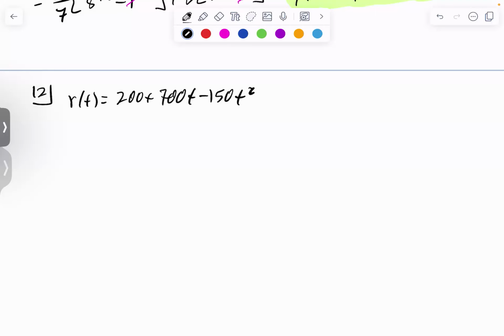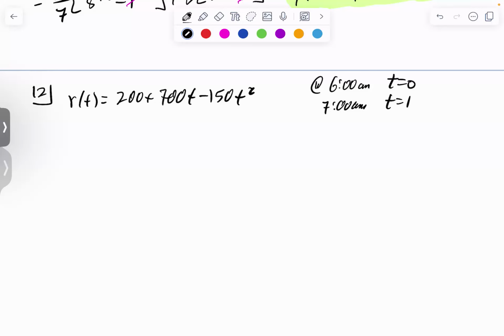How many cars pass through the intersection between 6 and 7 a.m.? Okay, that means my boundaries are going to go from 0, because at 6 o'clock, that's t equals 0. So at 7 o'clock, that's t equals 1, meaning 1 hour has passed.